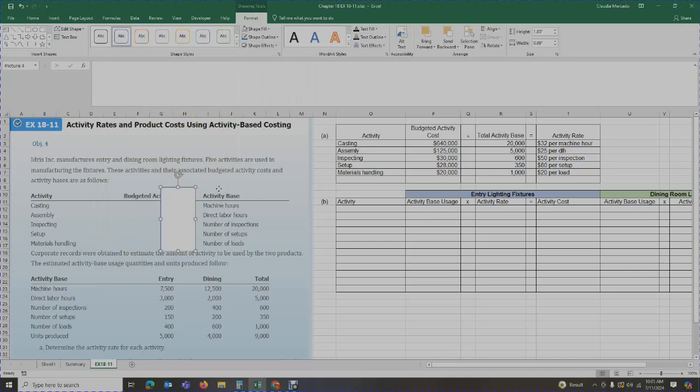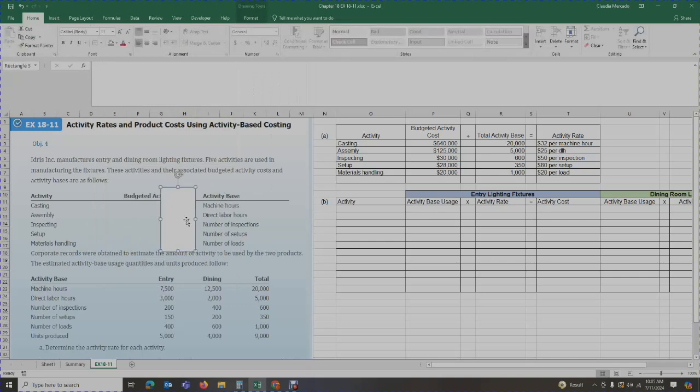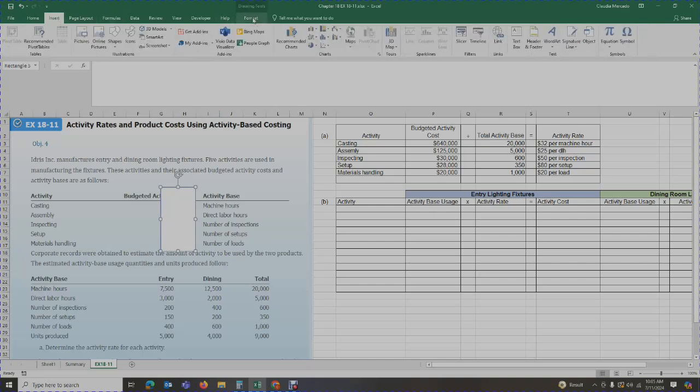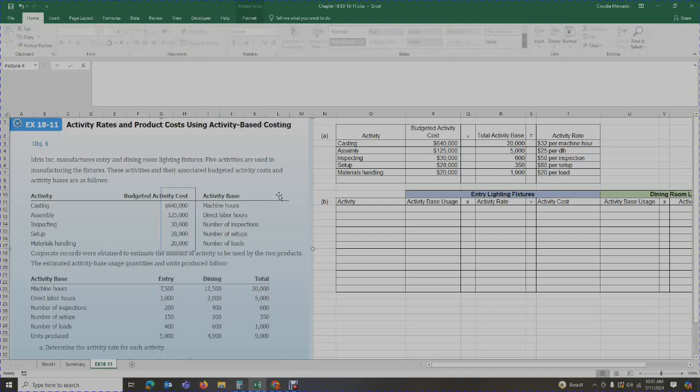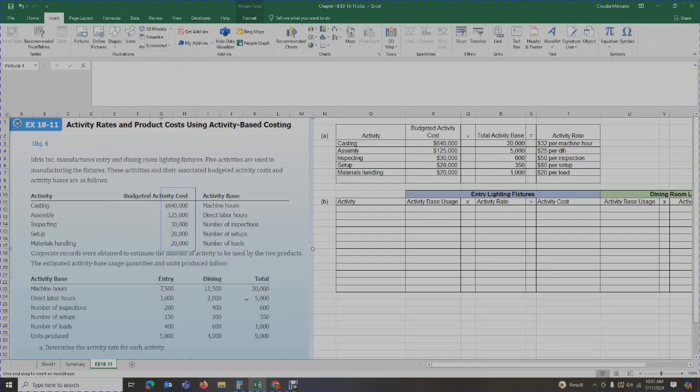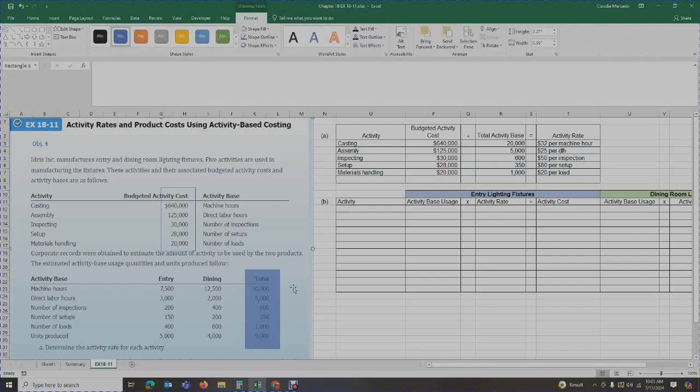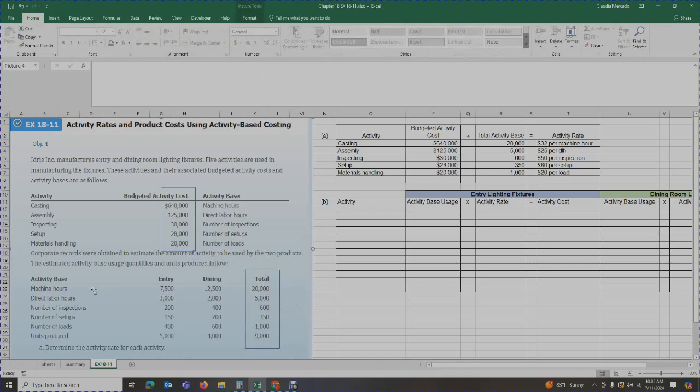We are getting the budgeted activity cost provided, and we are dividing it by the total down here. This total is what we are anticipating using in total for both the entry and the dining room, so we can get our activity rate. We divide the cost by the base, and that will give us our activity rates.